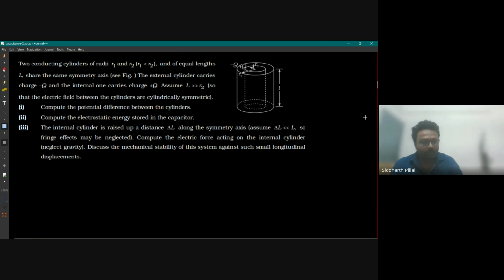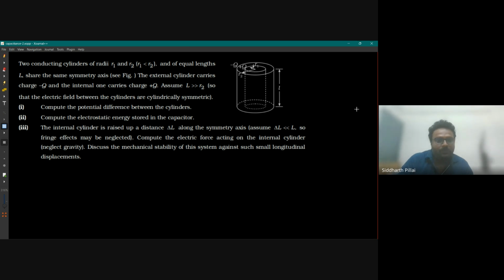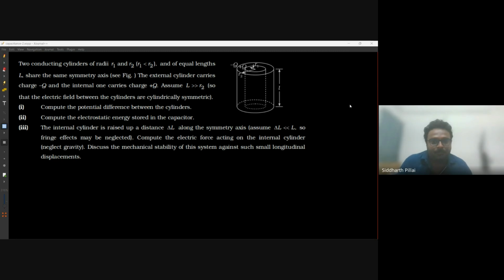So please work this out. Once you get the first question, the other questions will follow from it. But I'll give you 5 minutes to solve this question.